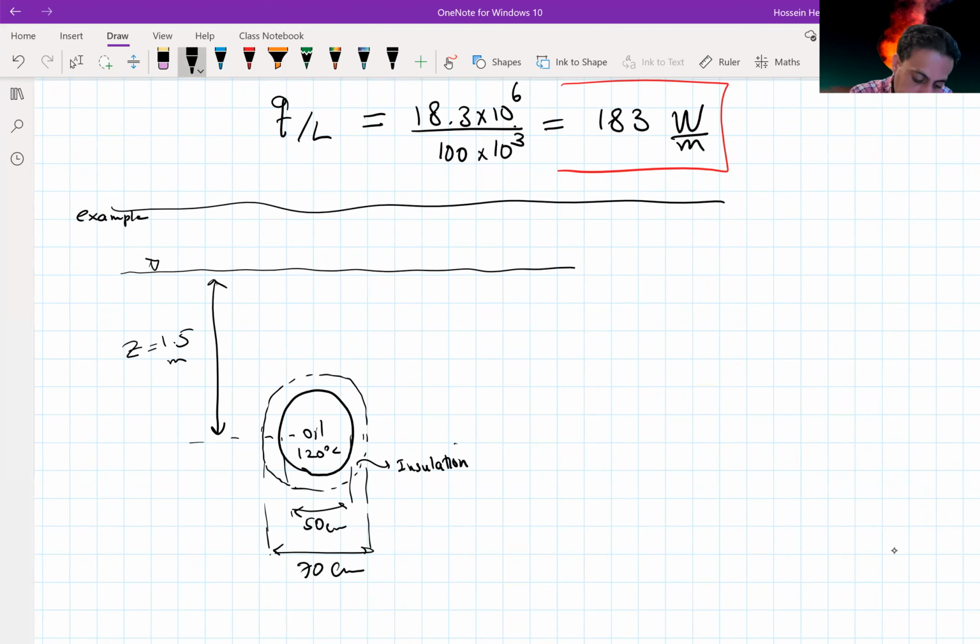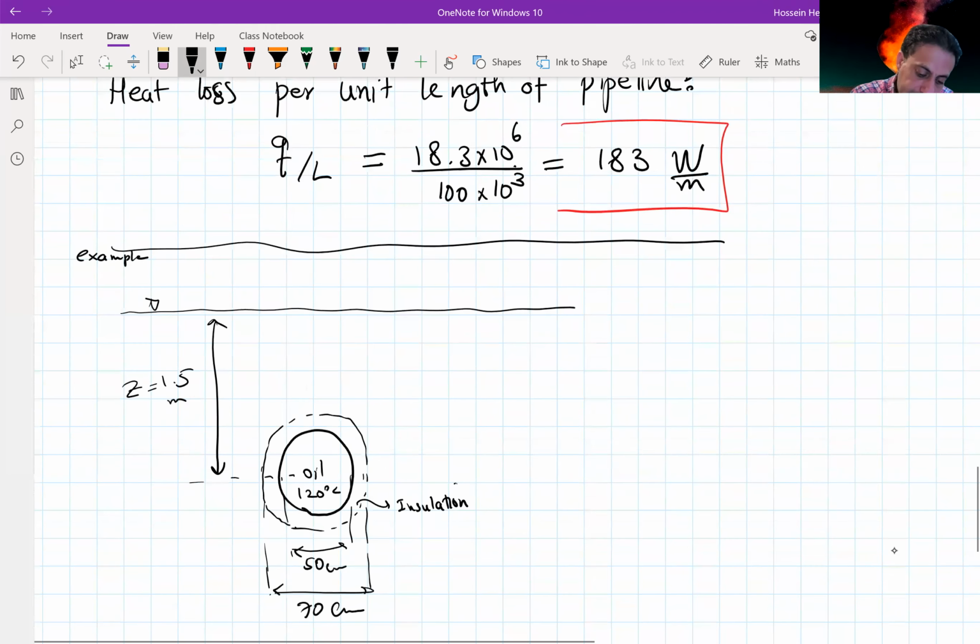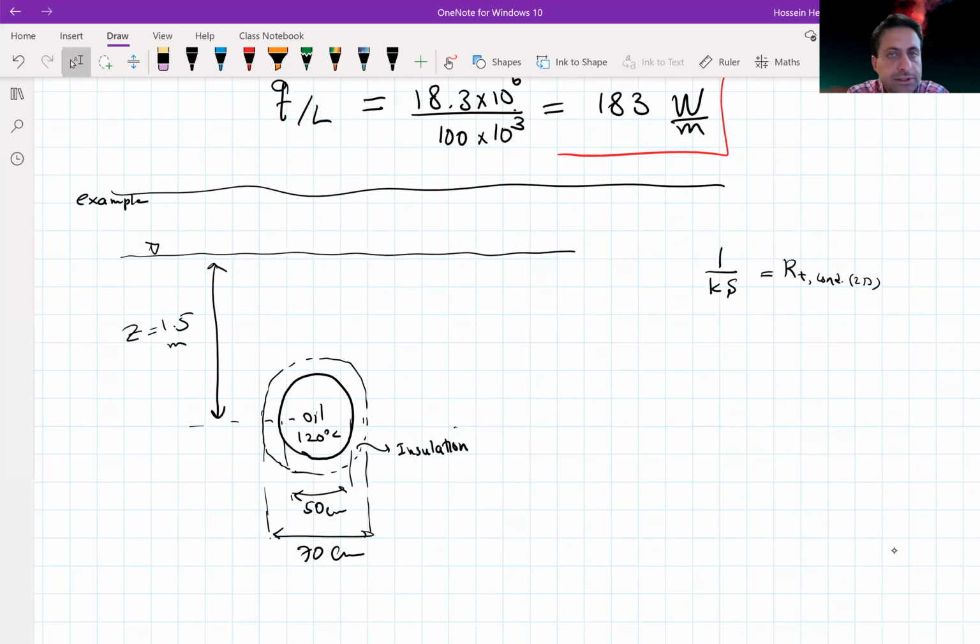Then what we will have here, if you consider this S1 over Ks as the R of conduction for the 2D part that we have, and if I draw the analogy for the resistance and current here, so we have T of surface, let's say this is T of S. Then I'm just going to call it R of soil here.